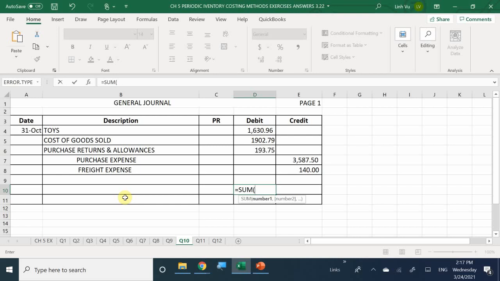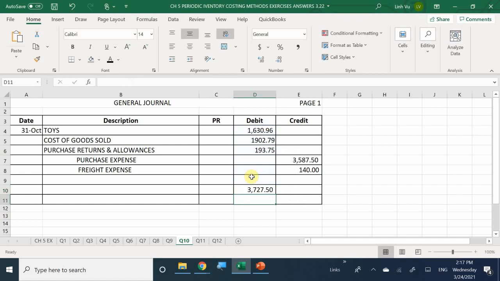Okay. So here I'm going to add up my totals. And I get $3,727.50 on my left, and I have $3,727.50 on my right. Okay.